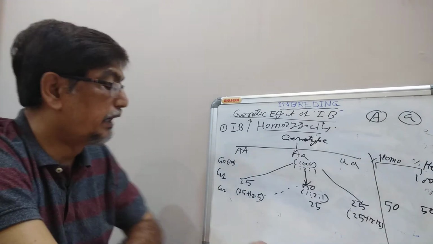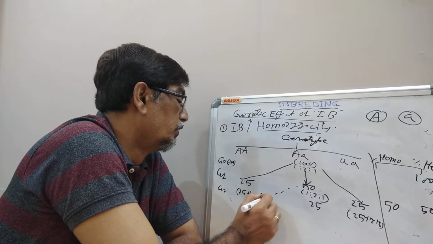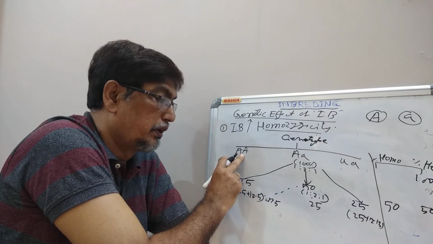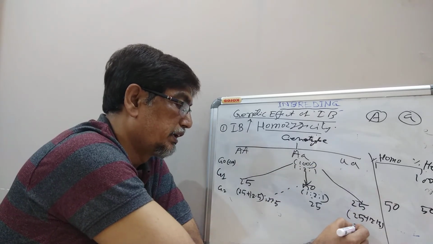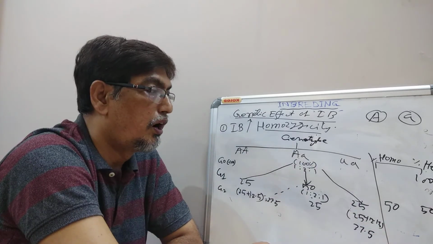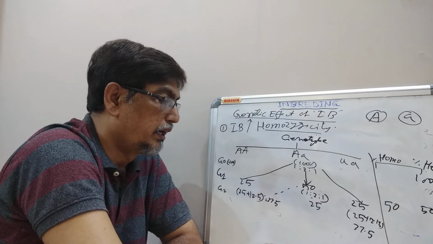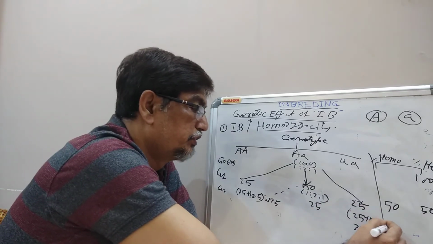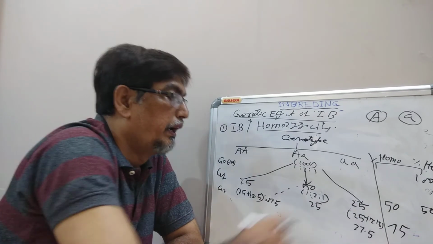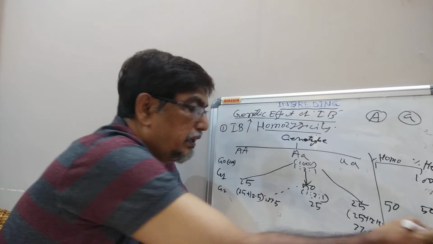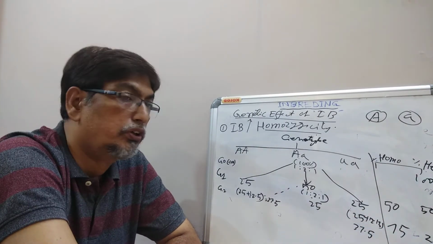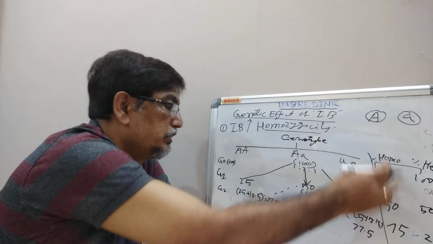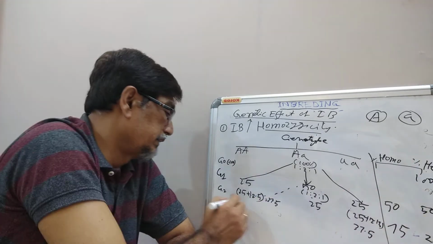It will be 37.5. So 37.5 for this genotype, and the small a genotype will also be 37.5. So how much homozygosity will there be? 37.5 and 37.5, that will be 75% homozygosity, and heterozygosity will be decreased to 25%. So in the second generation of self-fertilization, you will see increasing homozygosity and decreasing heterozygosity.